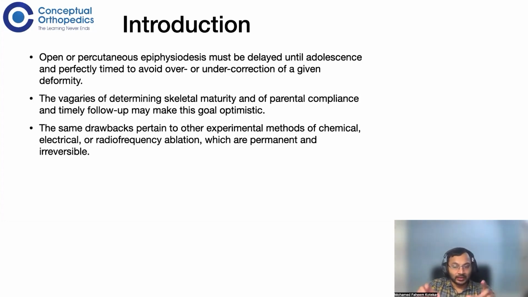So this non-reversible procedure had to be timed perfectly so that once the correction is achieved, it does not go into either under or over correction. The problems of deciding when the child will be skeletally mature, and of parental compliance and follow-up, made open or percutaneous epiphysiodesis a little cumbersome to do.